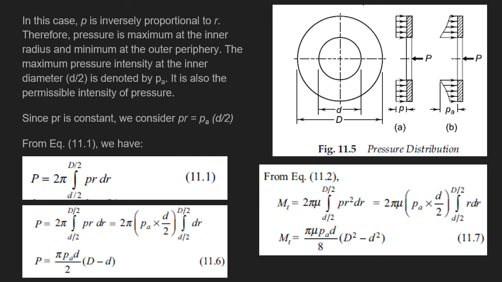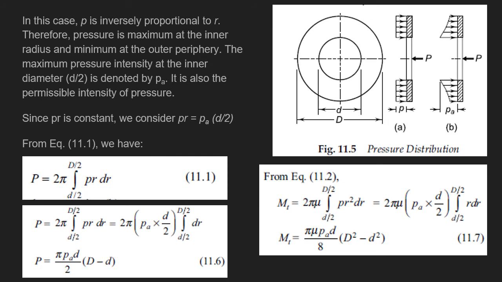When the radius increases, the pressure decreases. You can see that the maximum pressure is at the inner radius, and then the pressure drops toward the outer radius.